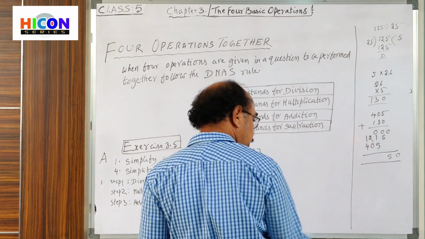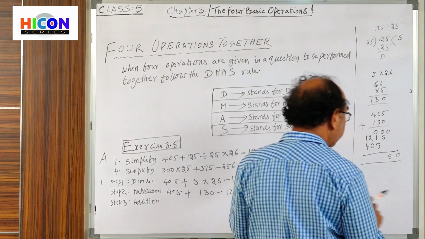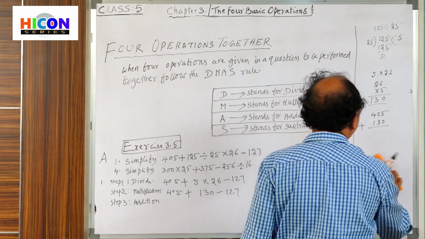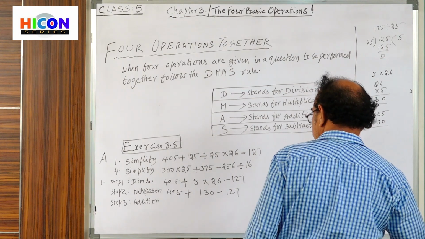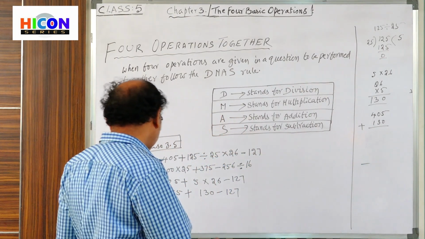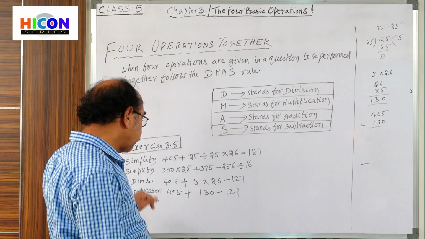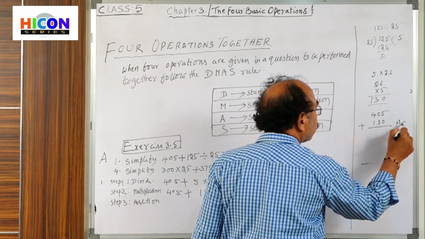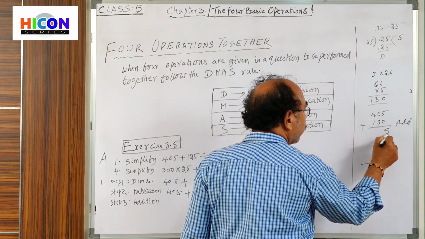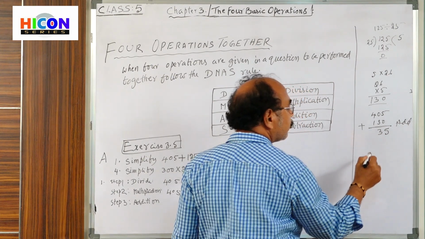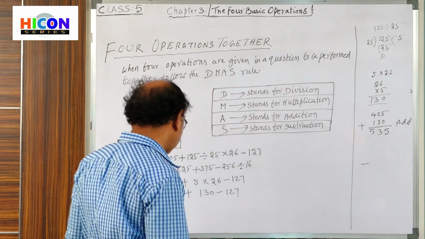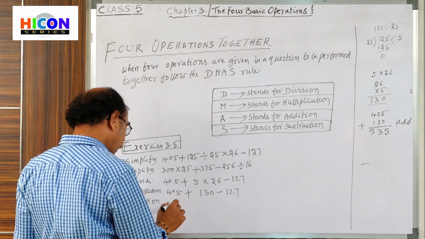Simply addition. Multiplication is already over. In this step, what we have to show is addition. 405 plus 130. Add. 5 plus 0, 5, 0 plus 3, 3, 4 plus 1, 5. 535.